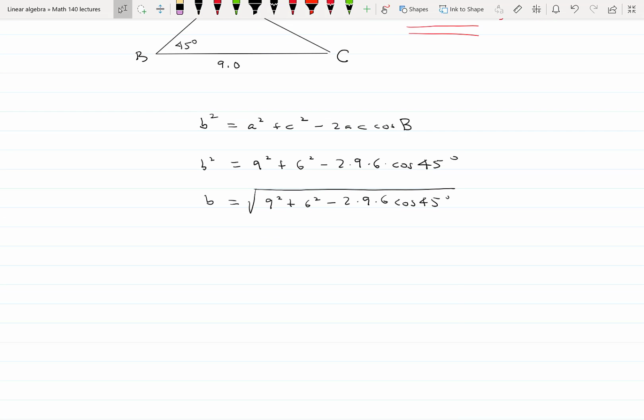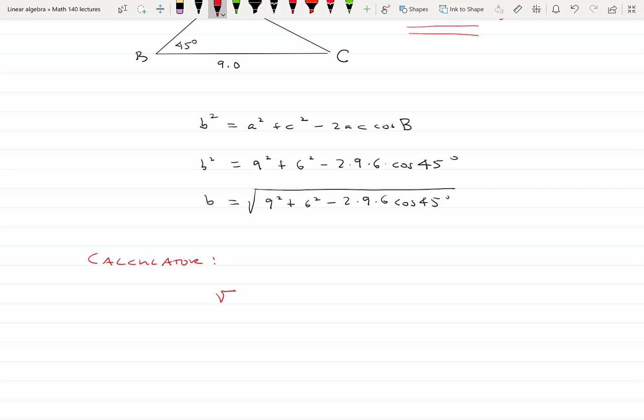Then let's do this as a calculator computation. You would push the square root button. When you push the square root button, the calculator opens the parentheses for you. It'll be waiting for you to enter the computation. If you have a newer version of the TI-84, then there's no need to worry about parentheses at all.